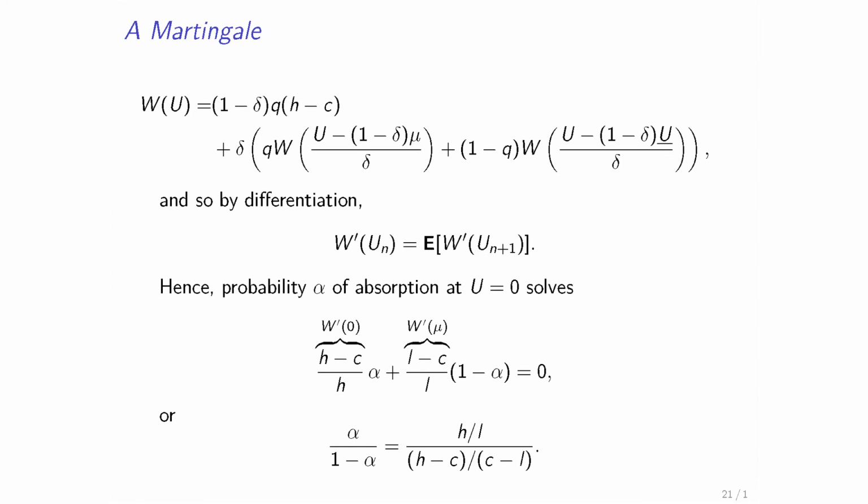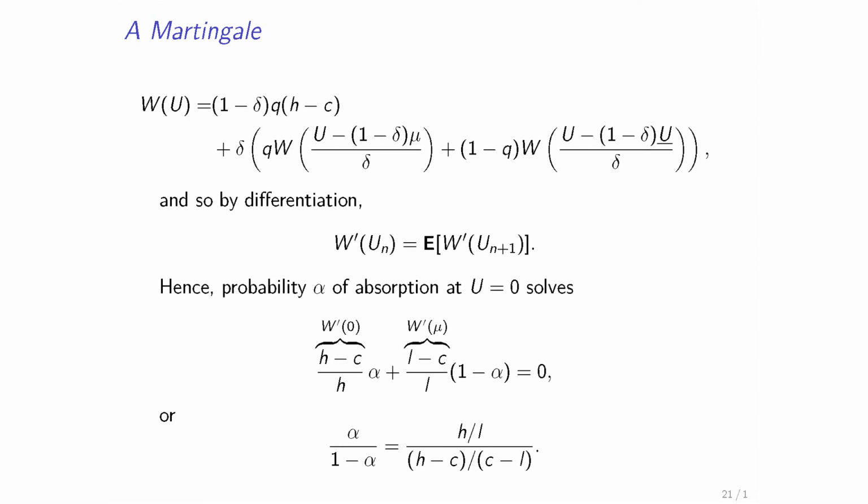And these are the slopes at 0 and mu. So we can calculate the probability alpha of getting to the worst possible outcome for the agent, and 1 minus alpha, the best possible outcome for the agent. And this absorption probability does not depend on the discount factor, only on H, L, and C. Okay, the first step. Questions?